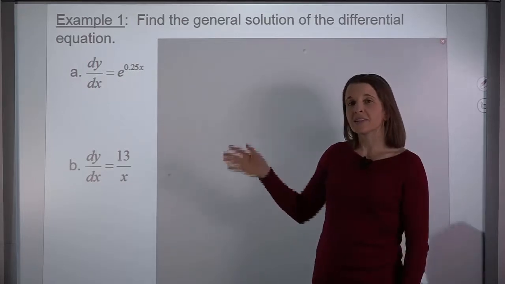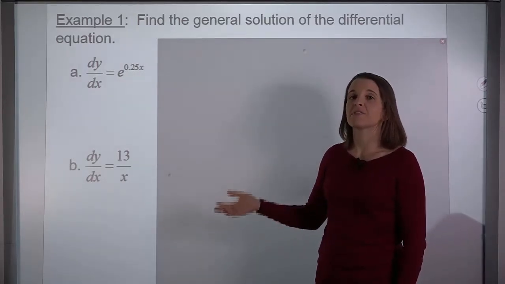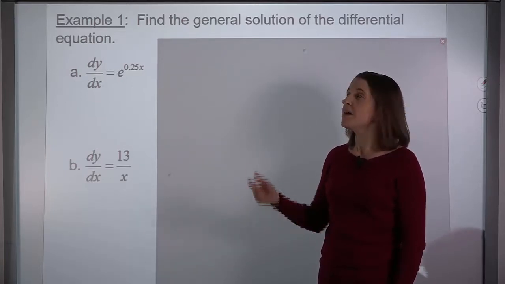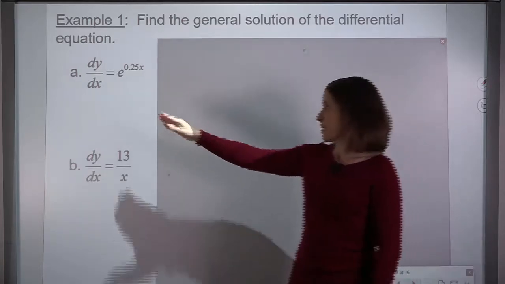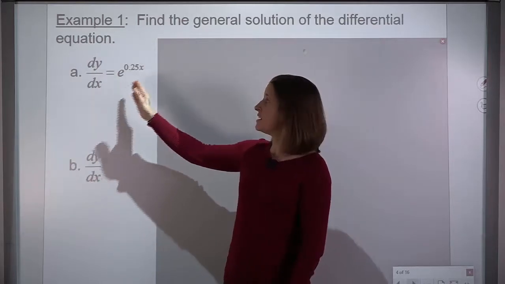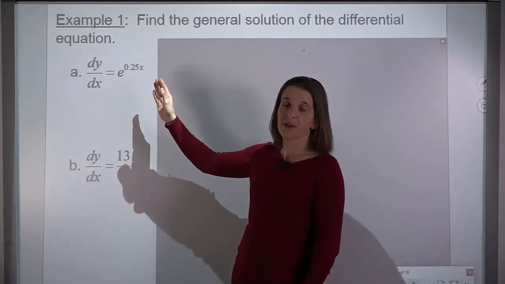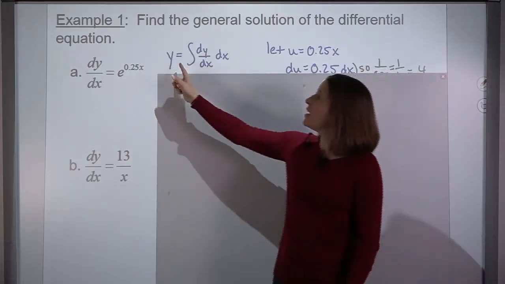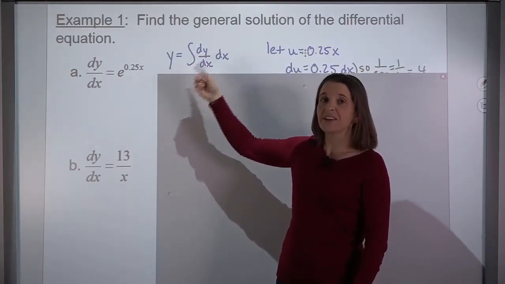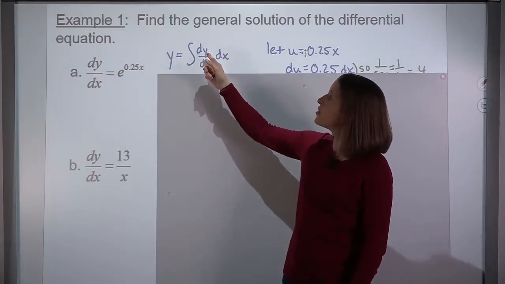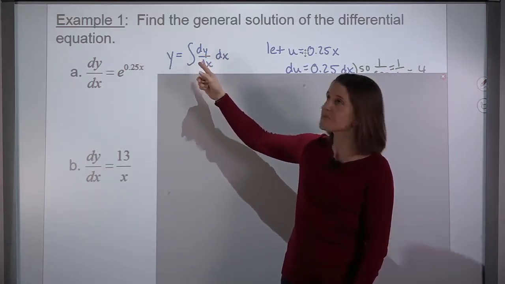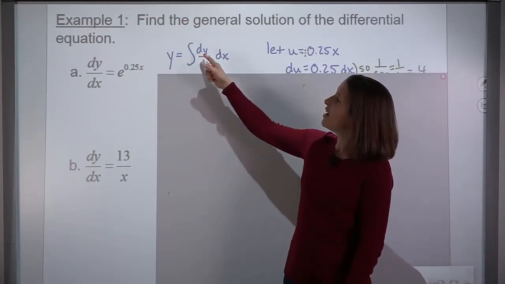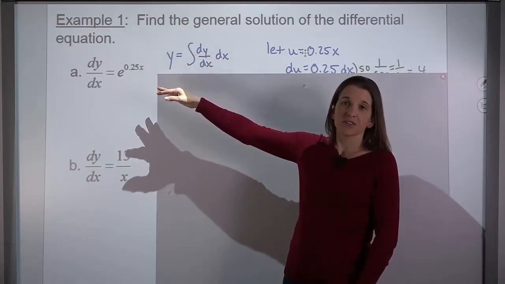So the answer to this problem is the function y, and y will be a function of x, whose derivative is e to the 0.25x, okay? Well, remember that an antiderivative, that indefinite integral, will undo a derivative, and notice what happens there with the dx's, and get you back to the original function, okay?